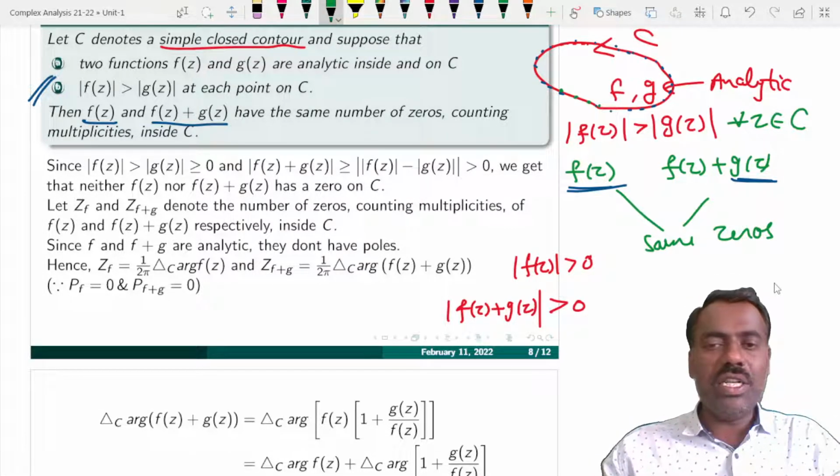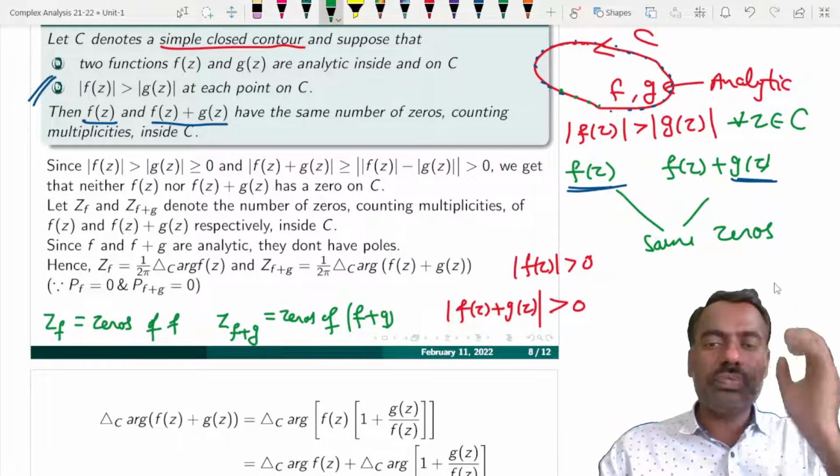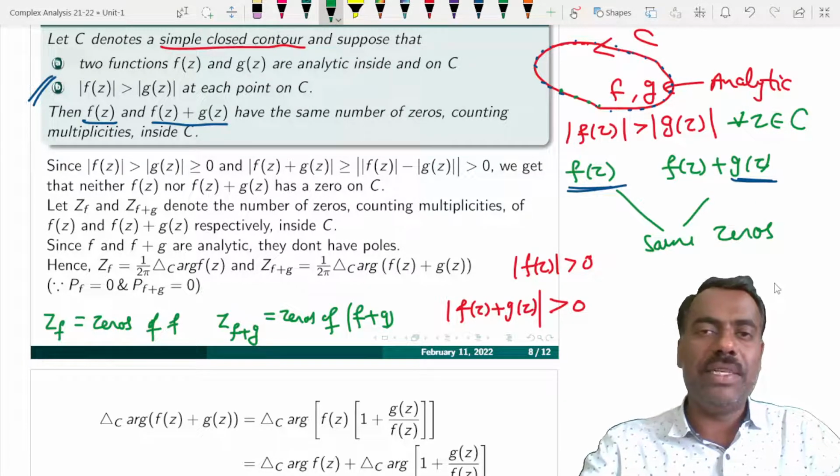And if we denote by Z of f the zeros of f, and Z of f plus g the zeros of the function f plus g, then again, whenever we say this, counting multiplicity is always included.